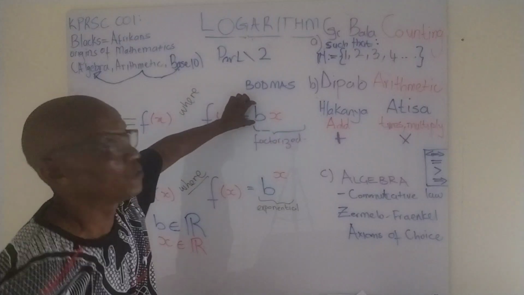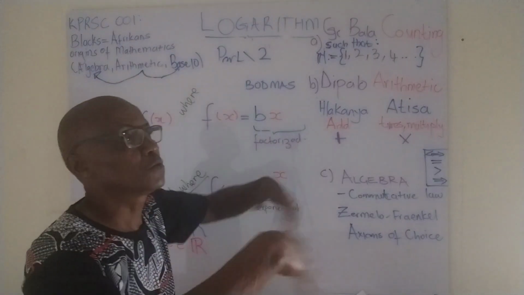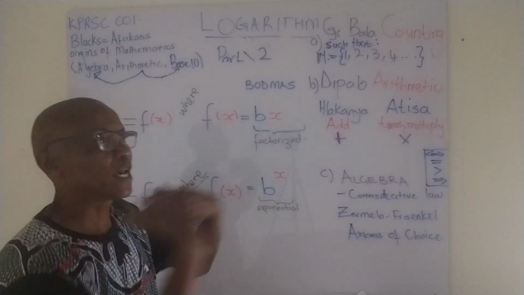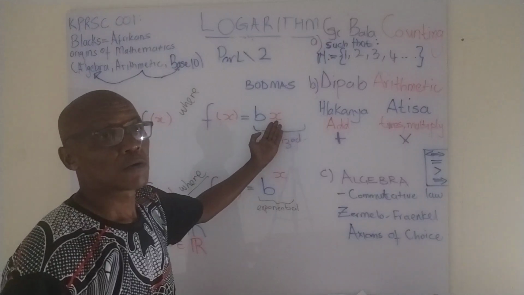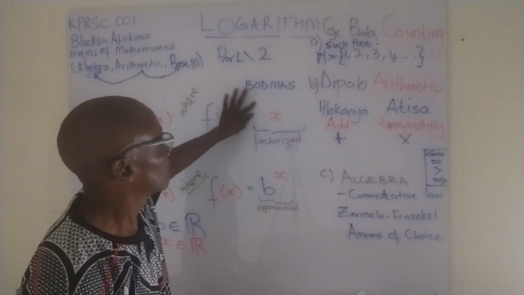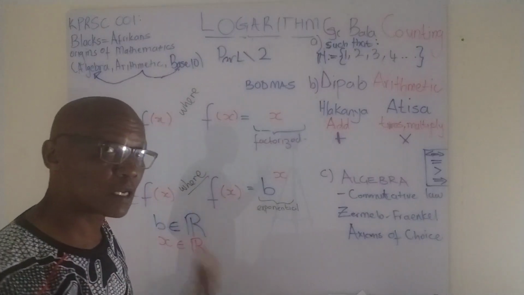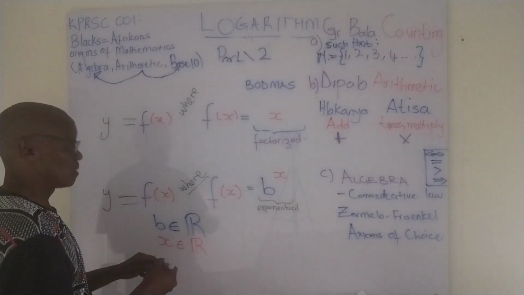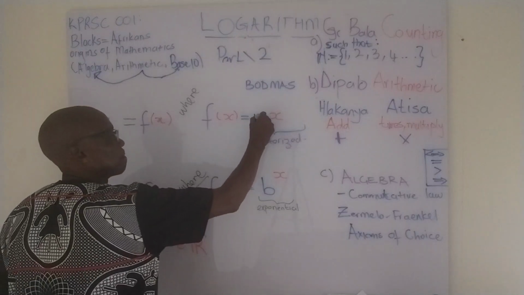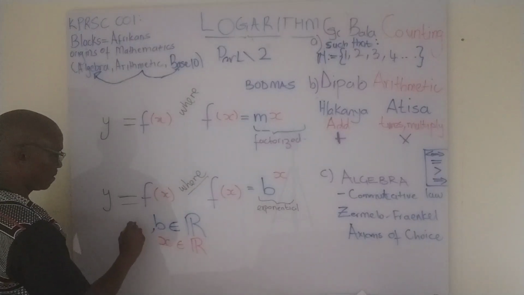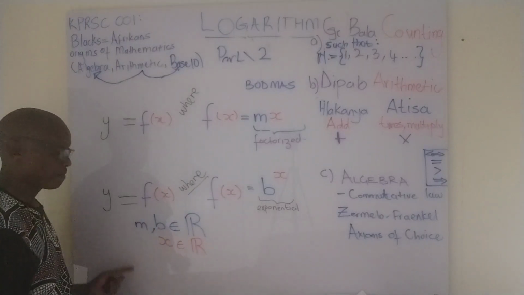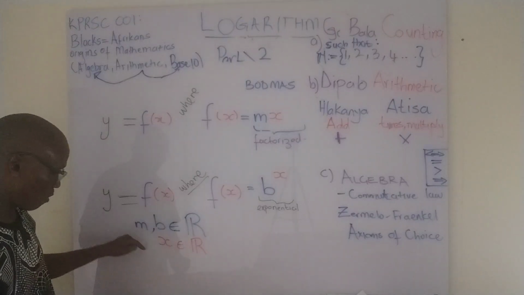Remember, this was a number that you came with, and you say, I want to do something with itself. Either I want to add it to itself x number of times. So we can change this. It's an arbitrary number, and call it m. And I'm saying m, comma, b.